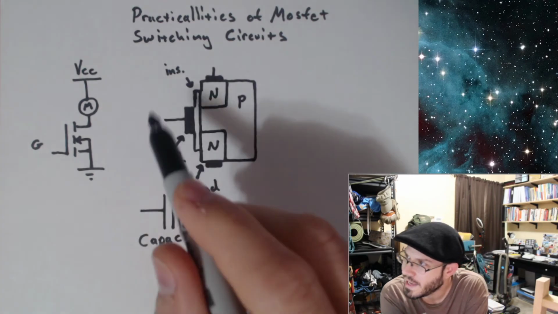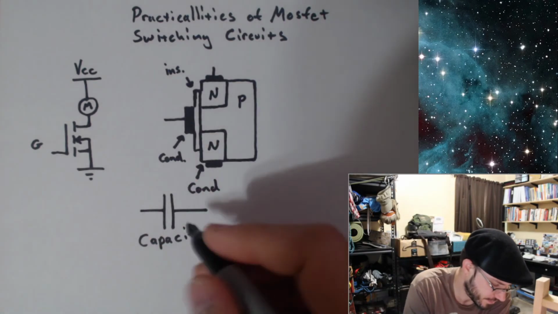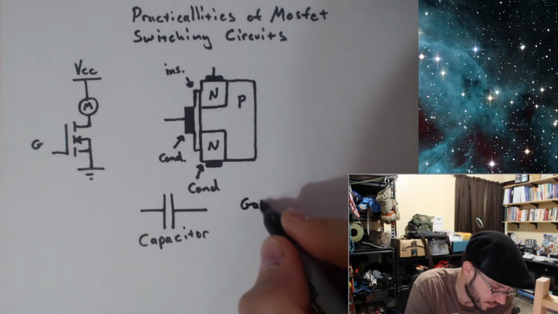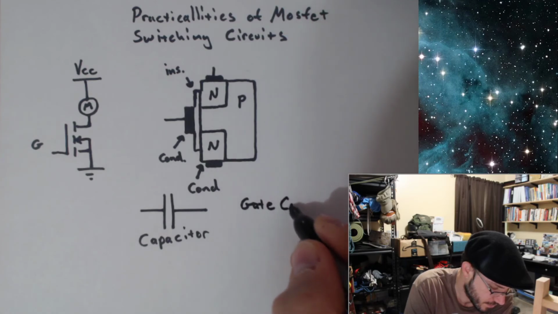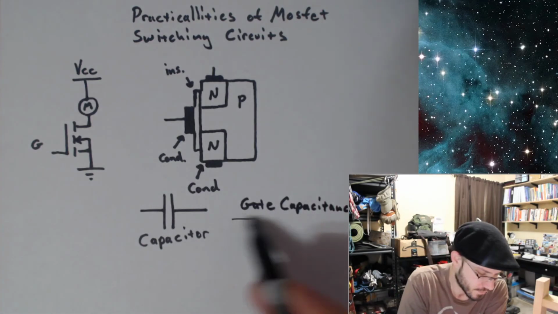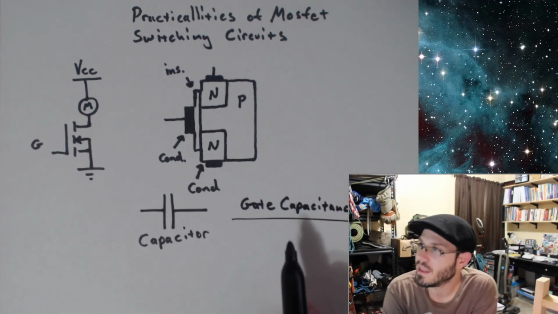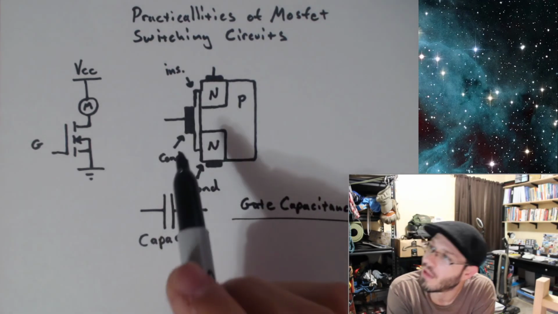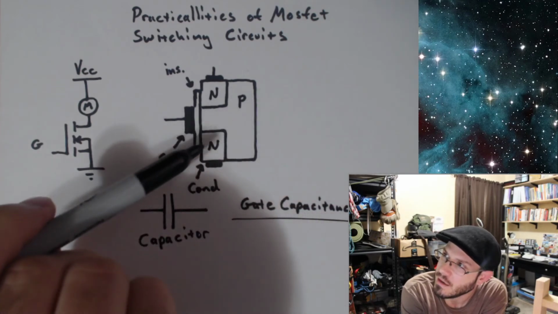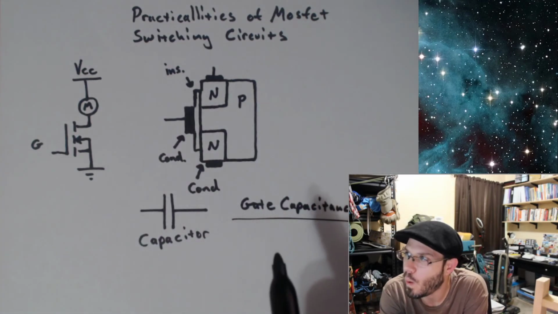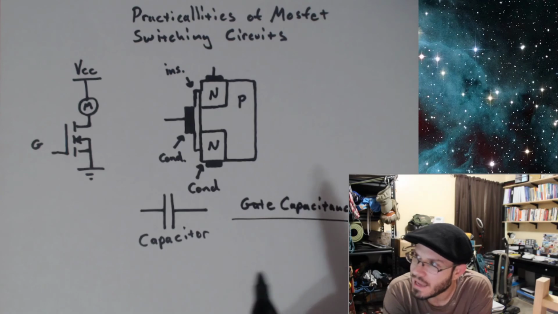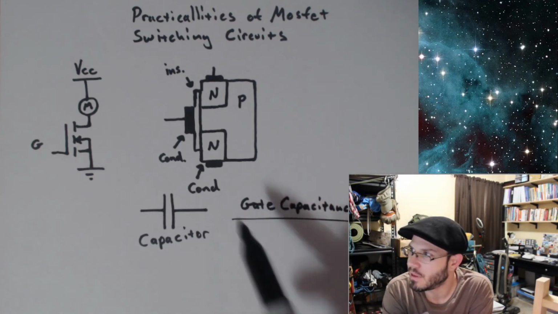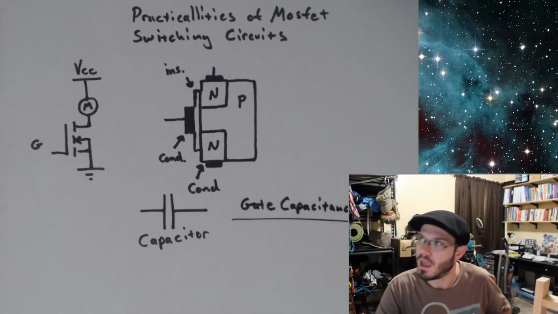So, in other words, we get some gate capacitance. Now, this gate capacitance is what's responsible for giving us that desirable, very high impedance input into the device. However, it does create a little bit of something that we should be concerned with.